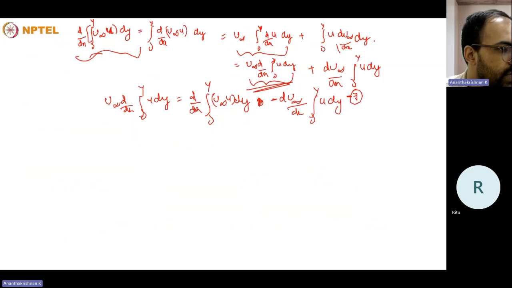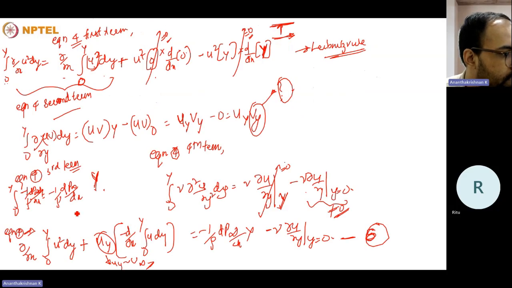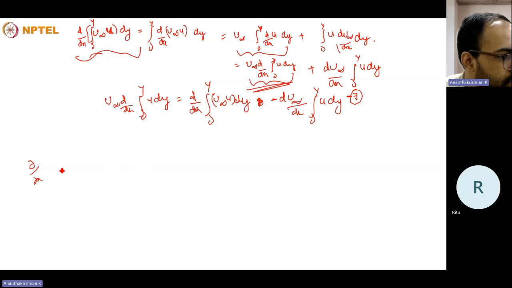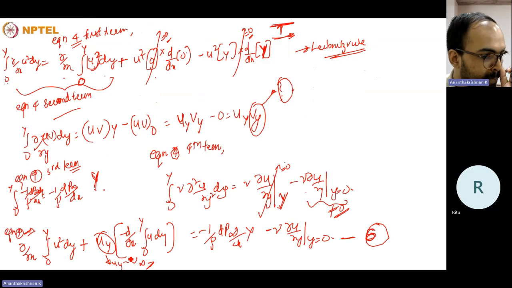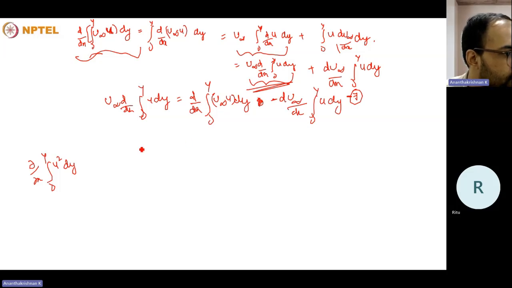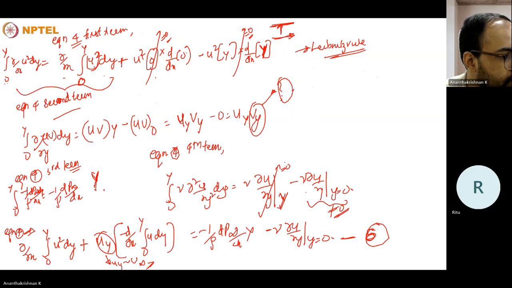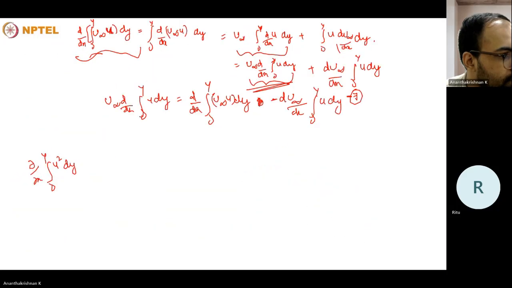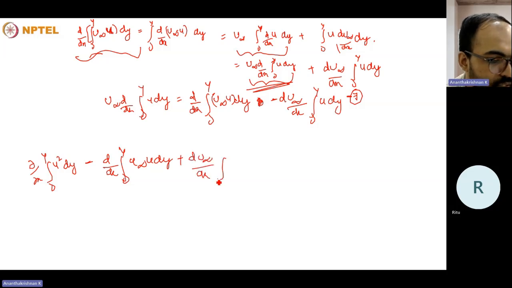Substituting this here, the first term stays the same, the integral of 0 to y u square dy, and the second term will be minus of d by dx of the integral from 0 to y of u infinity u dy, plus du infinity by dx times the integral from 0 to y of u dy.